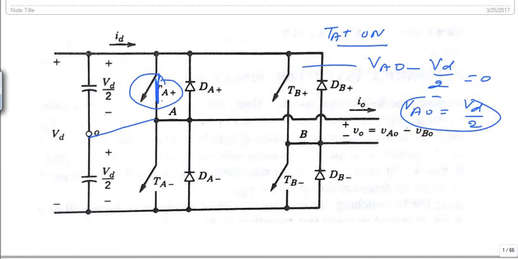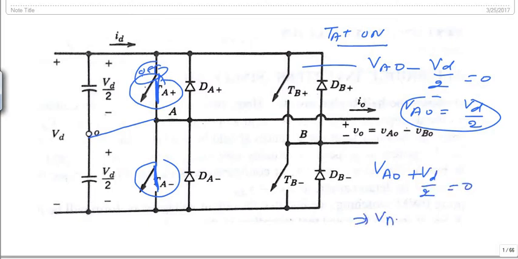Similarly, what happens when this is on and this is off? Under this condition, this will behave as a short circuit, and by using KVL in this loop we have VA0 plus VD by 2 equals 0, so we get VA0 equal to minus VD by 2 when TA minus is on.